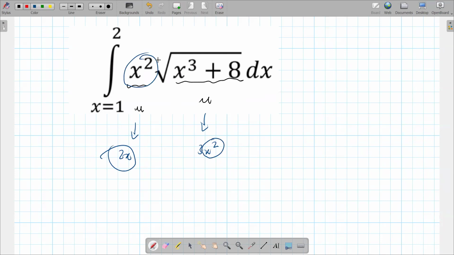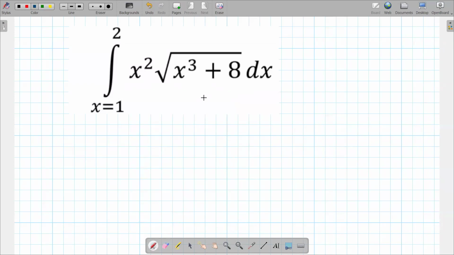I can cancel them out. So to recap here, when you have multiple options to pick as U, you should pick the one where if you take the derivative, you get the other function that you're working with. So let's see what that looks like in play here.